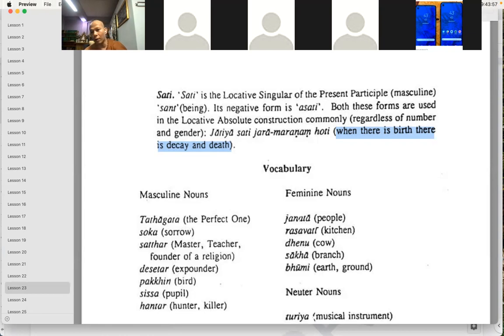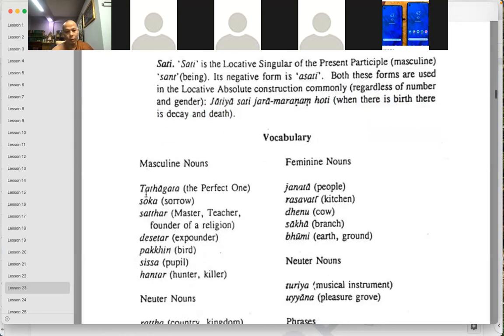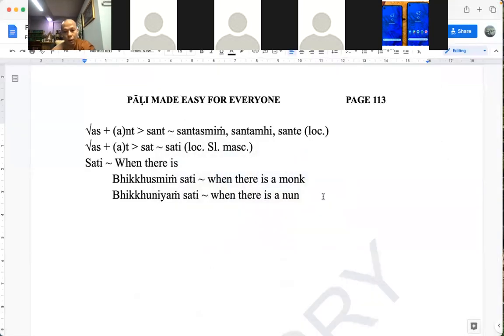Okay, so now we finished this lesson. So now vocabulary. Here the masculine nouns are: tathagata. Tathagata means perfect one. And soka, sorrow. And the sattar, that is from the root sas. Sas means to instruct or maybe to teach.